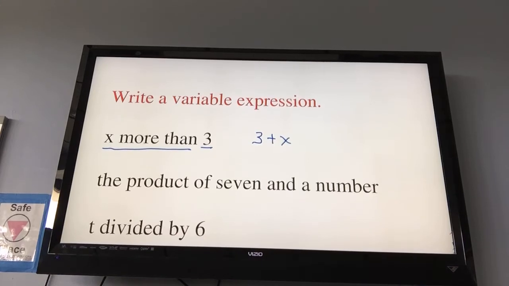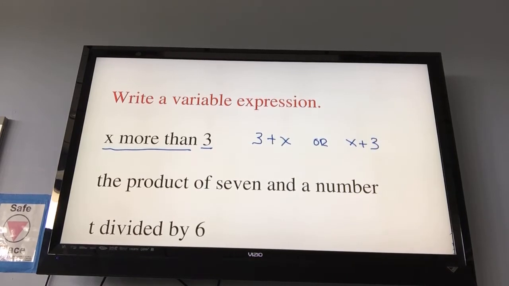Now, I would say that more often than not, the majority of people do not write it like that, even though that's actually what it says. So just like when I said the less than comes second, the more than also comes second. But because addition is, what's the word? What property allows me to also have the answer as that?